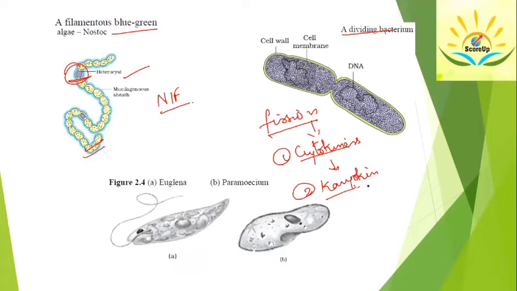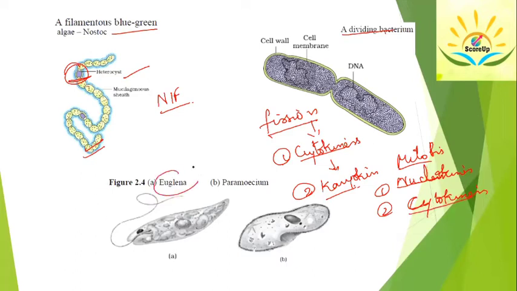In mitosis, it is the first division of the nucleus. So nucleokinesis is first, then the second step is cytokinesis.